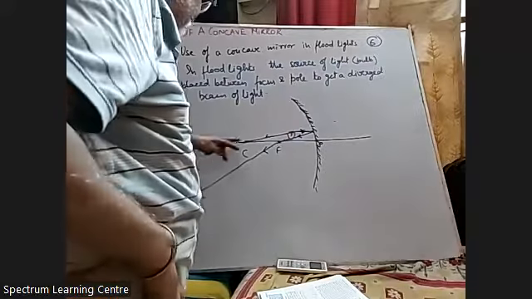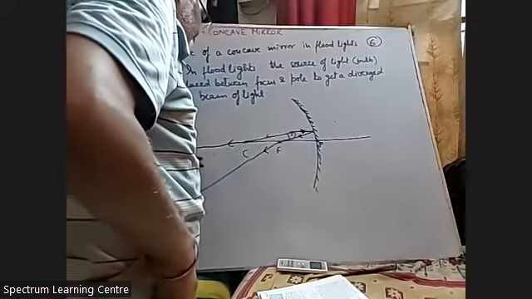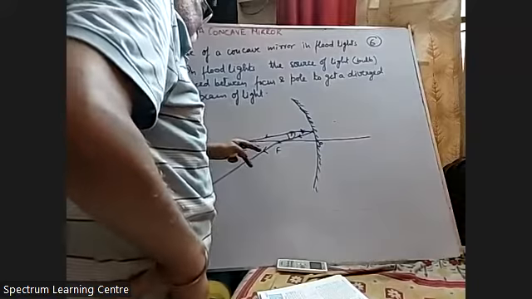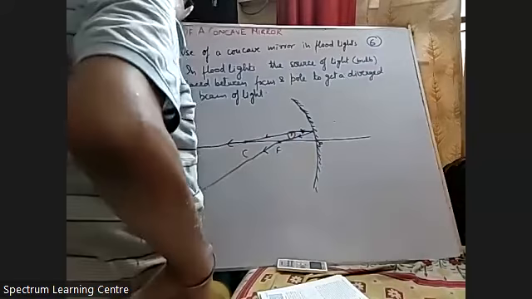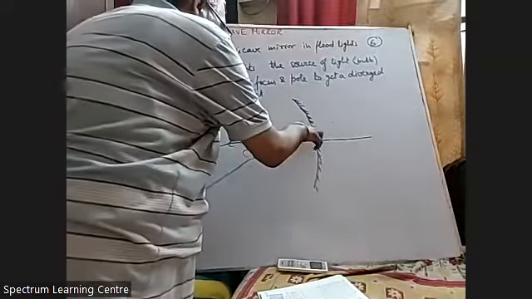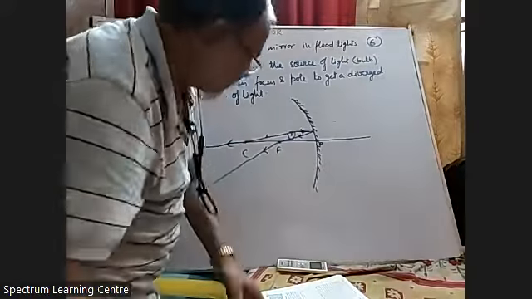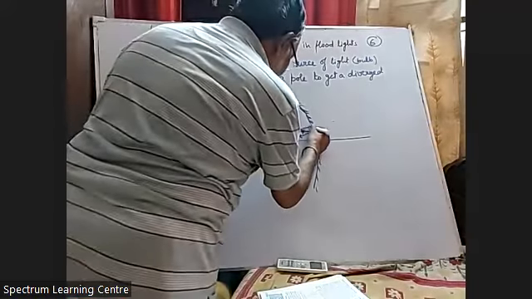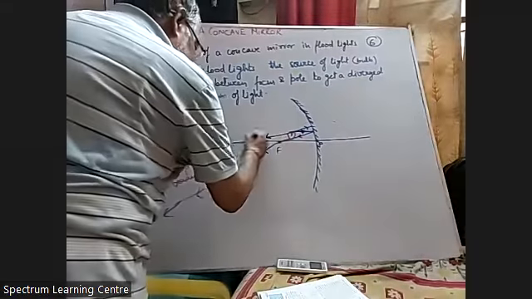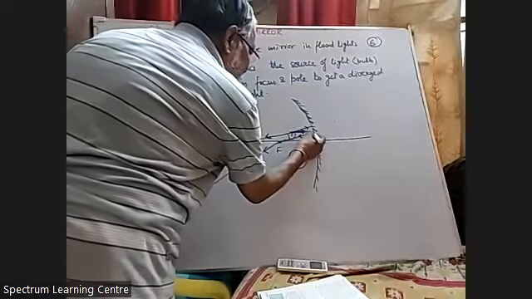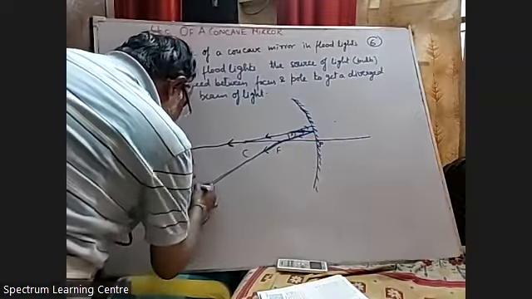One ray is actually passing through the center of curvature from the head only, and it is getting reflected back along its path. The other ray is the parallel ray, which will pass through the focus, and as a result we get a diverged beam.